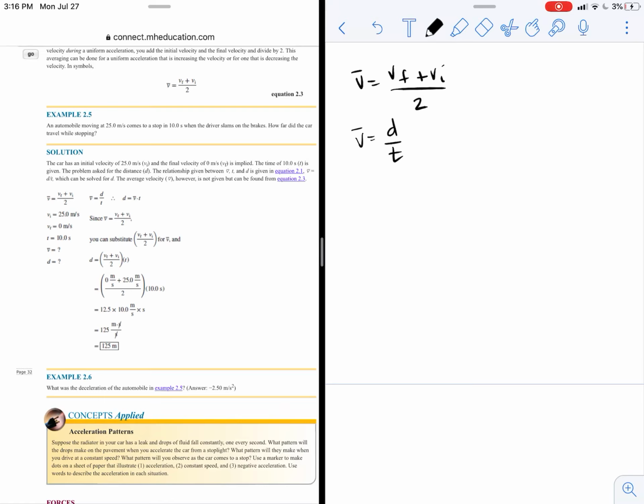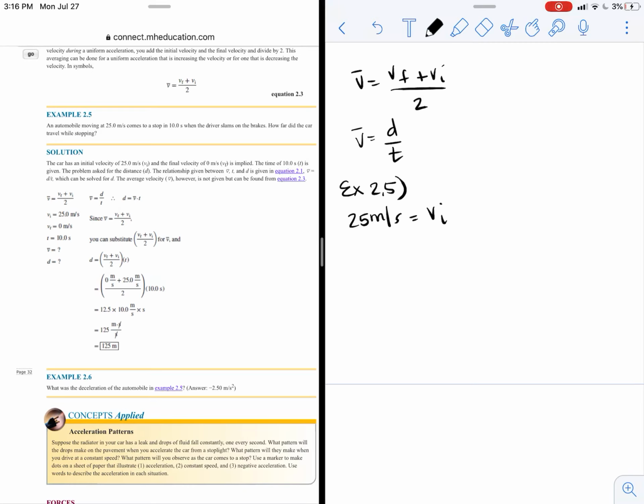So what if we are given a question, like in example 2.5 here, that doesn't have a distance? For example, it says an automobile moving at 25 meters per second. So it was already moving at 25 meters per second. That's the initial velocity.